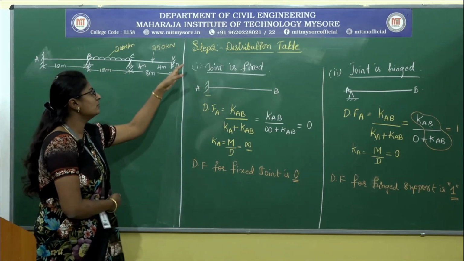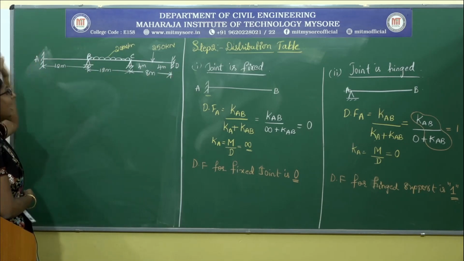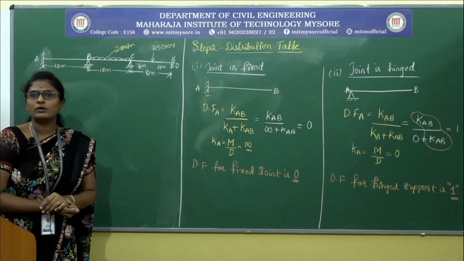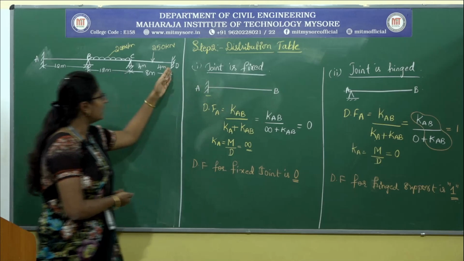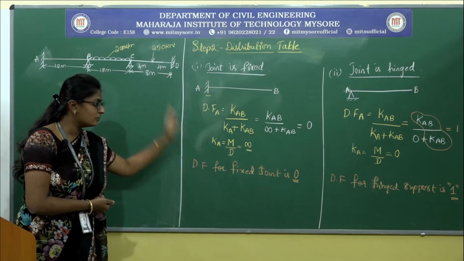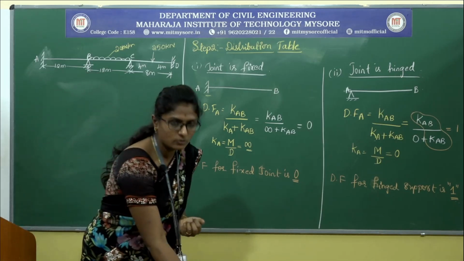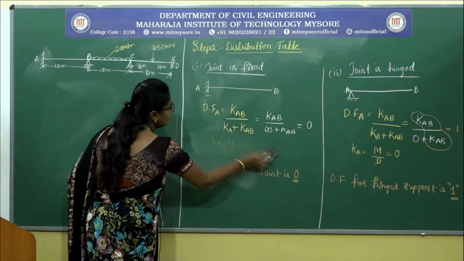We know the distribution factor for a fixed end is 0, and if we have the hinged support, it is 1. This is the concept behind taking the distribution factor for the fixed end as 0 and the hinged end as 1. Now, considering this, we shall take up the distribution table.